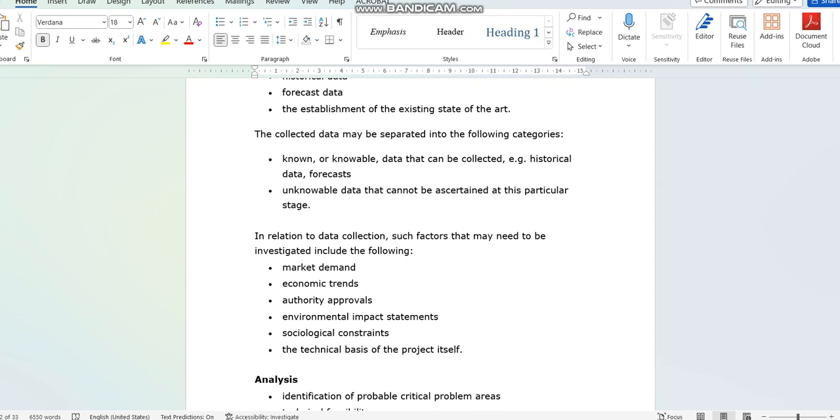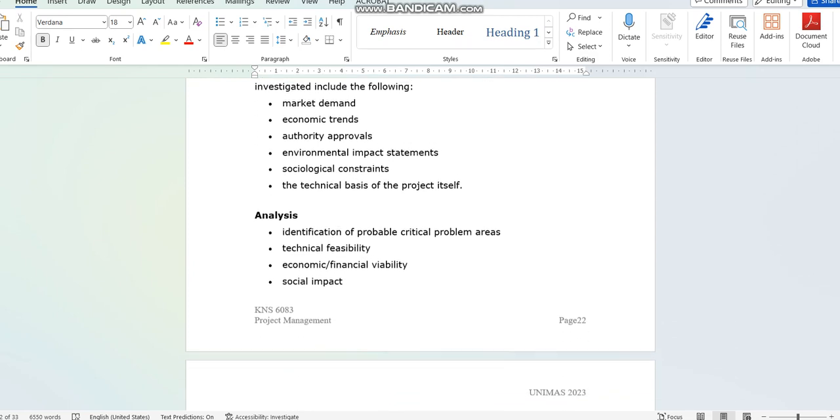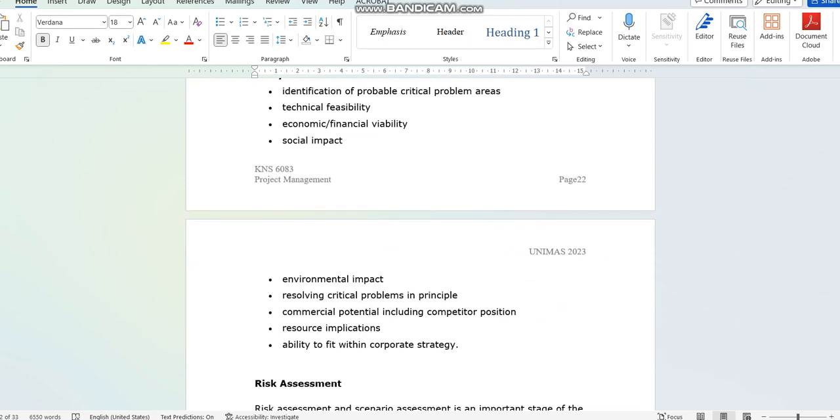And then once you analyze this data against different data, like technical data, economic data, social data, they're all analyzed in their own ways, you see. So once you've done that, you will see, okay, now this is the profile of the project. So technically it's like this.